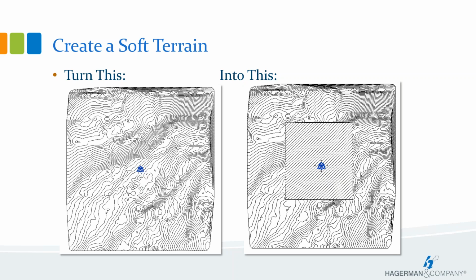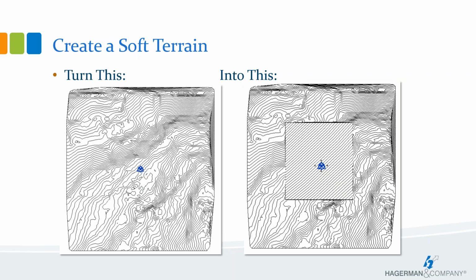Now, the nice thing about this is you have lots of options here. You can make one that follows the overall slope of the site. In this case, you can offset it in elevation and have a nice even slope up or down to the soft terrain. Another option is to have a flat terrain.